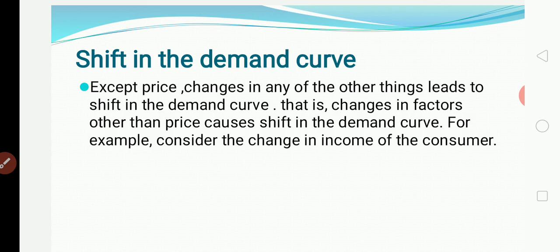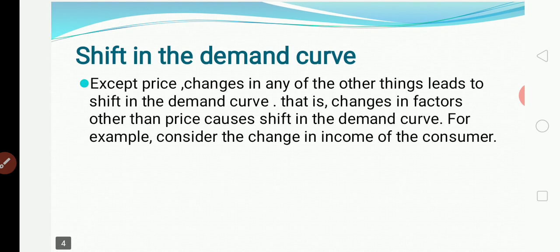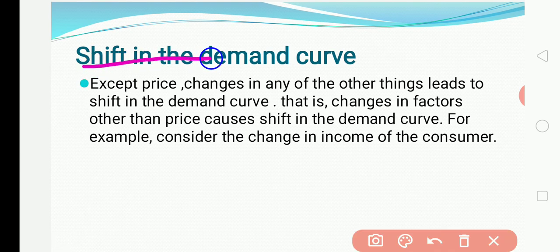So when the price changes, the movement along the demand curve takes place. Apart from price, changes in any of the other things like income of a consumer, price of the related goods, that means substitutes and complementary goods, and taste and preferences leads to shift in the demand curve.